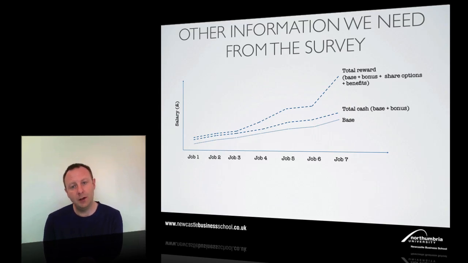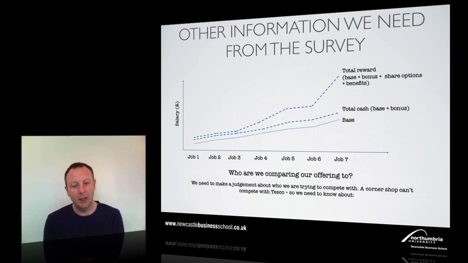So in terms of our market intelligence, widening the range of rewards that we seek provides us with increasing amounts of detail that we can bring to bear in terms of our comparisons.